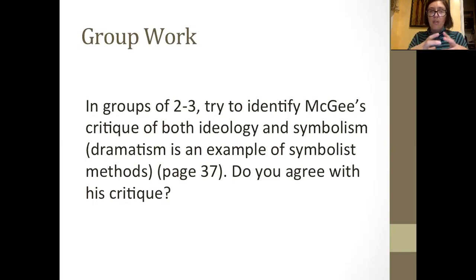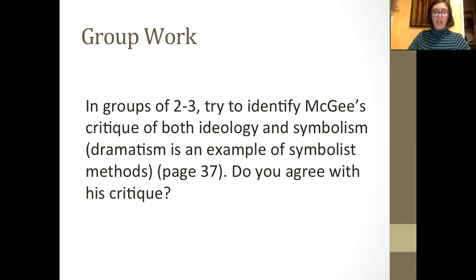So think about those three words as meaning dramatism, which is something you read for last week. And then ideology, he uses that word, materialism and Marxism interchangeably. So you don't really have to understand why. I just want you to understand that he does that so that it will make the reading a little bit easier for you to get through. And so I usually explain that during the class session, and then we spend some time answering this question.